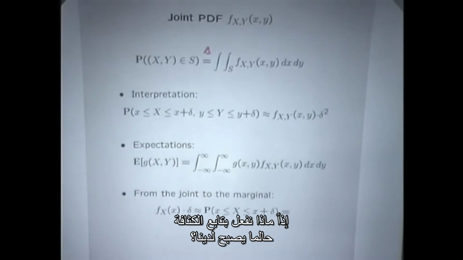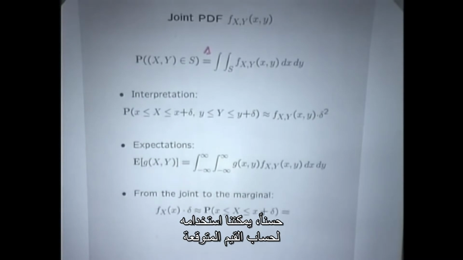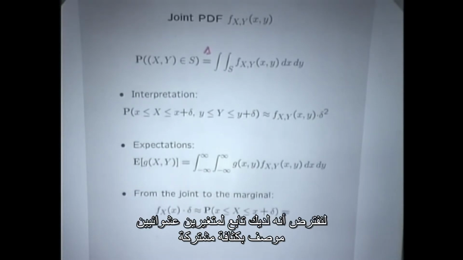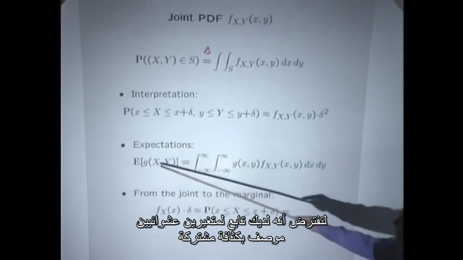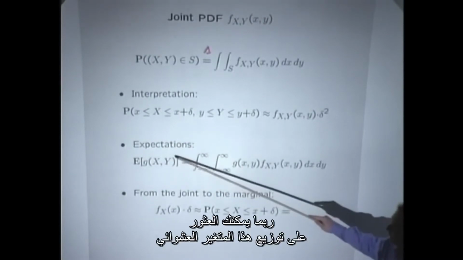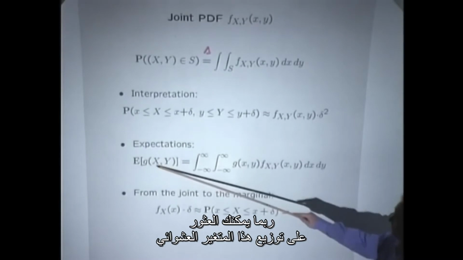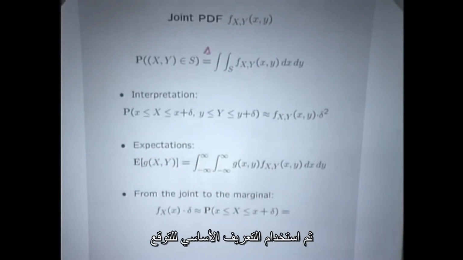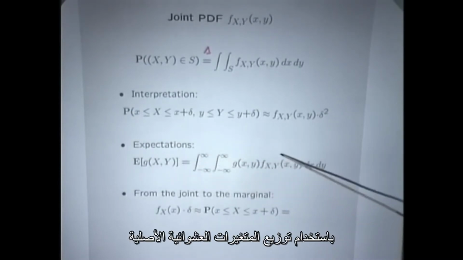So what do we do with this density function once we have it in our hands? Well, we can use it to calculate expected values. Suppose that you have a function of two random variables described by a joint density. You can find perhaps the distribution of this random variable and then use the basic definition of the expectation, or you can calculate expectations directly using the distribution of the original random variables.